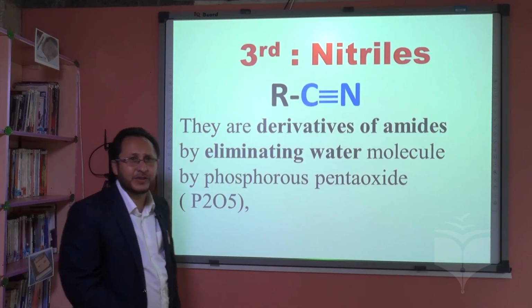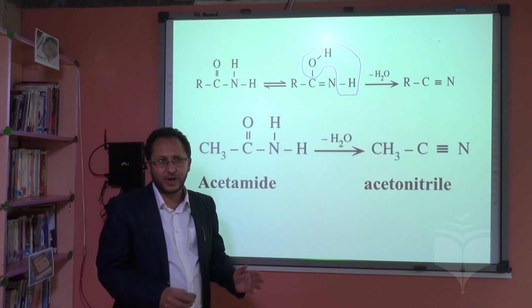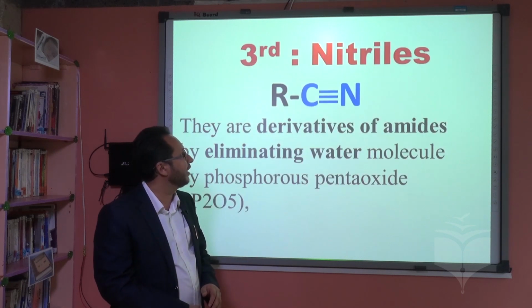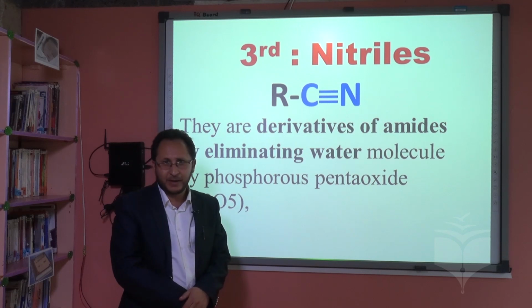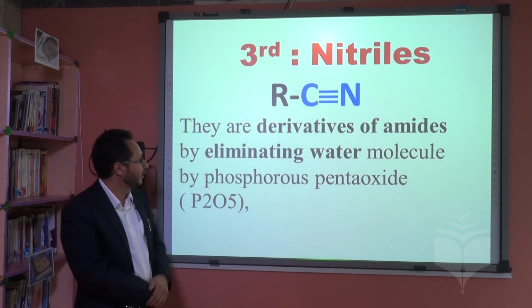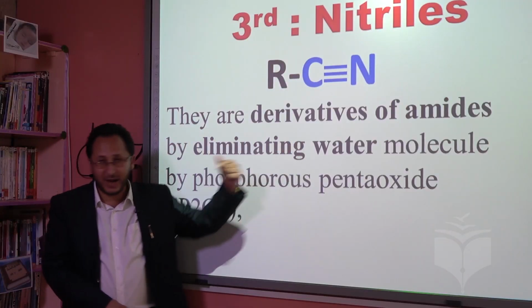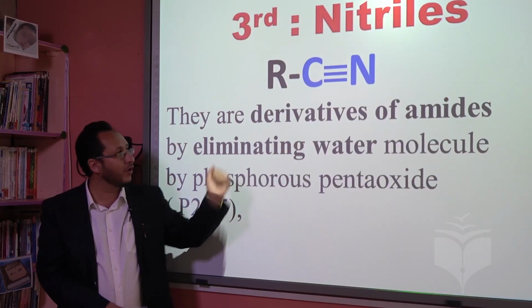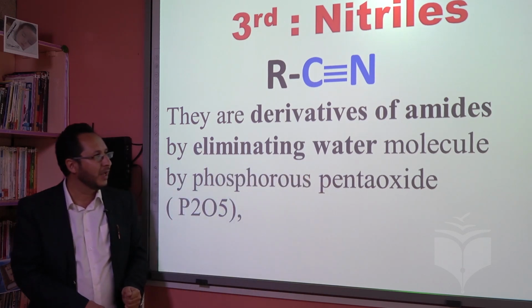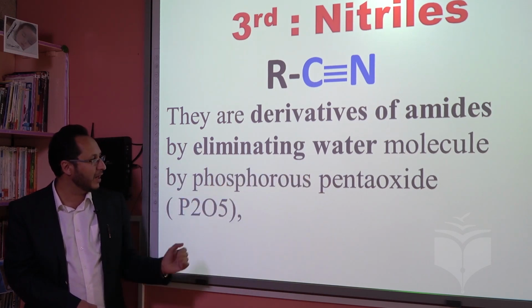So this is about the reactions of amides. The last topic was about the nitriles. Nitriles are C triple bond N. They are derivatives of amides, as I explained before, by eliminating or removing a water molecule by phosphorus pentaoxide.